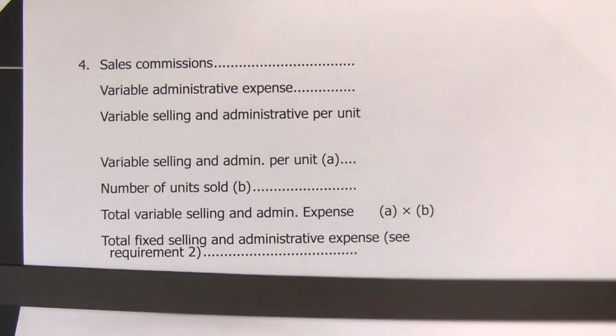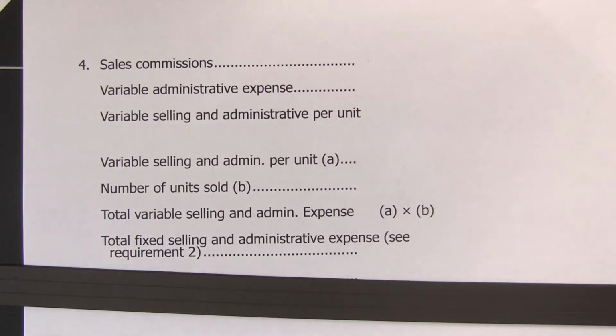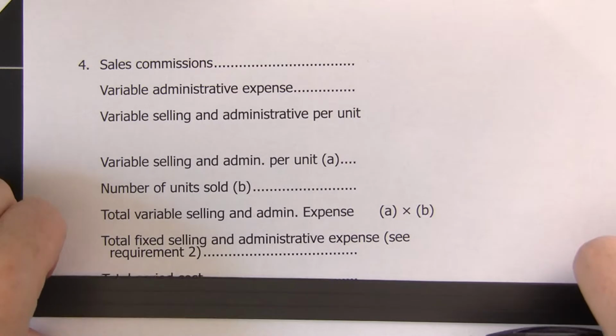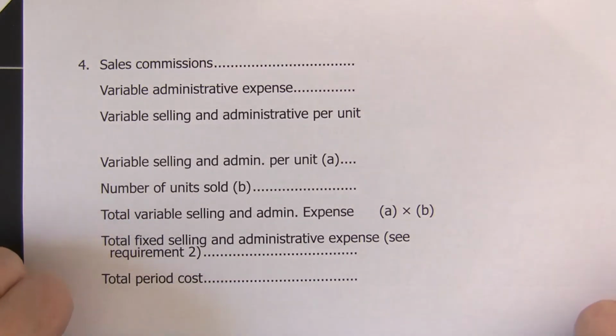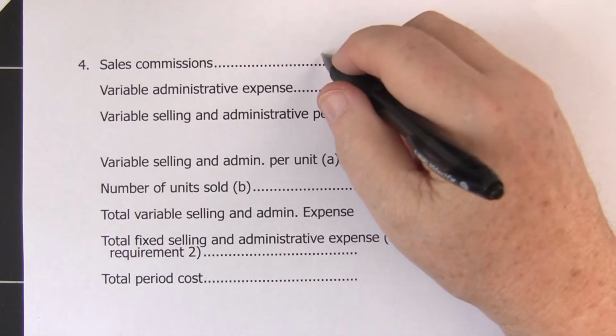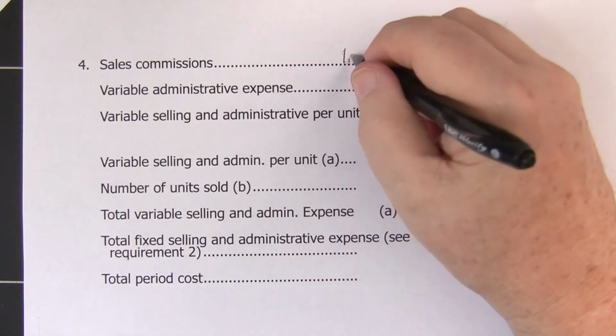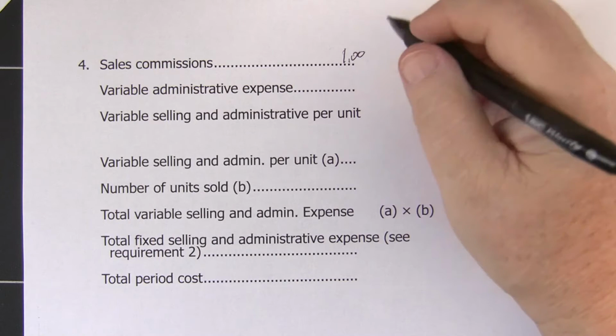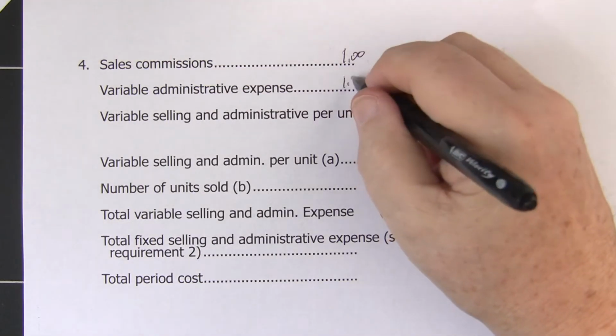Okay, to finish up this problem, it wants us to look at the sales commissions. What is the period cost, and basically that's selling and general administrative, to sell 18,000 units. So the sales commissions to sell 18,000 units, it's $1 to sell the units. And it's $1.50 for the variable SG&A.